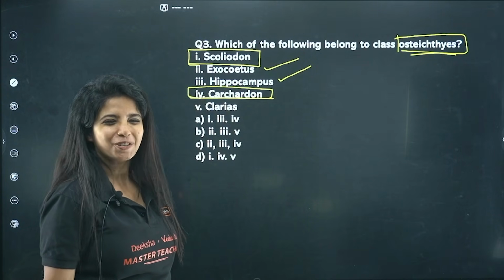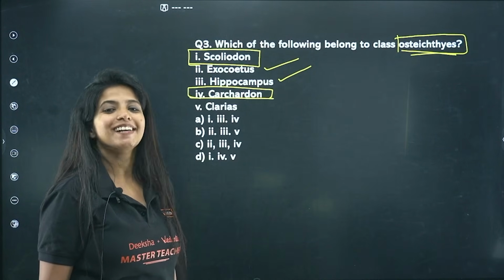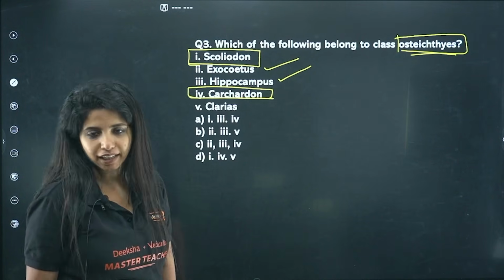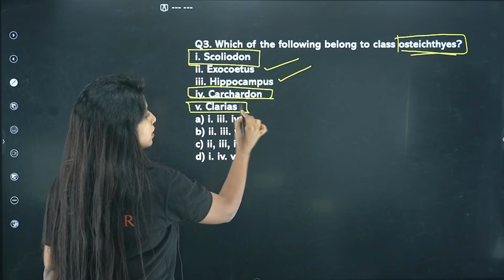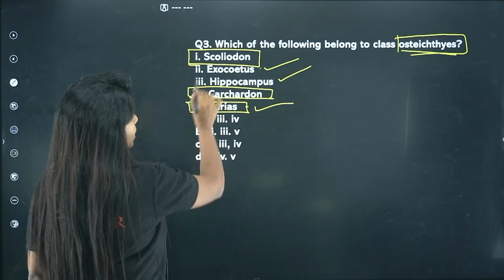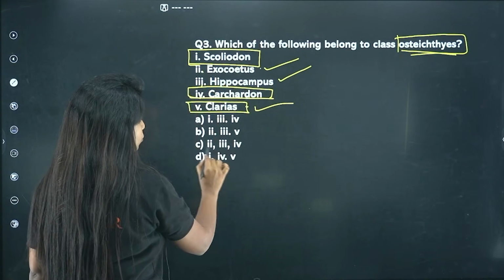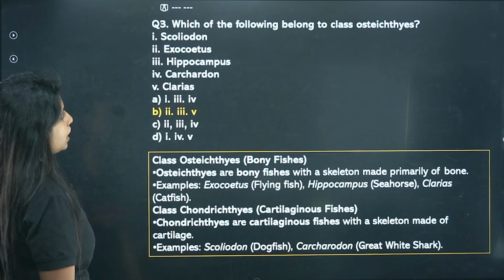Shark. Now shark, obviously, ma'am, it's a very tough organism, it will have bone. No, it has cartilage. So obviously that is also an odd one out. What about Clarias? Clarias has a bony endoskeleton. So the ones are 2, 3 and 5. These are the ones which have a bony endoskeleton.